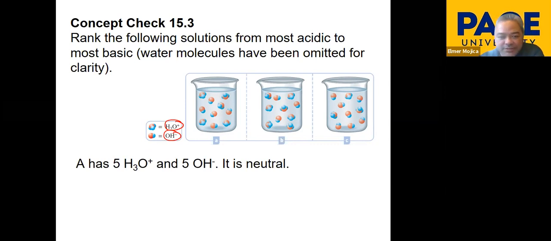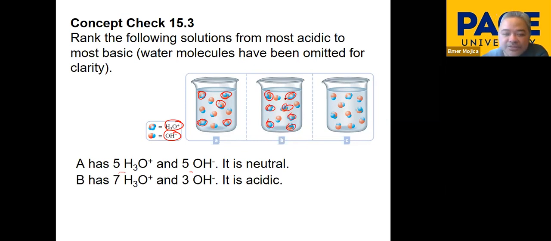So the first one, if you're going to look at this, I have 1, 2, 3, 4, 5 hydronium ions and 5 hydroxide. So that's neutral. Now for the second one, I have 1, 2, 3, 4, 5, 6, 7 hydronium ions, and only 3 hydroxide, so it is acidic.